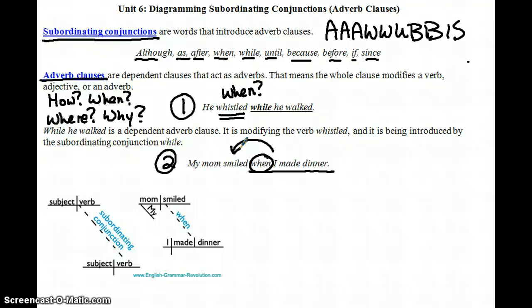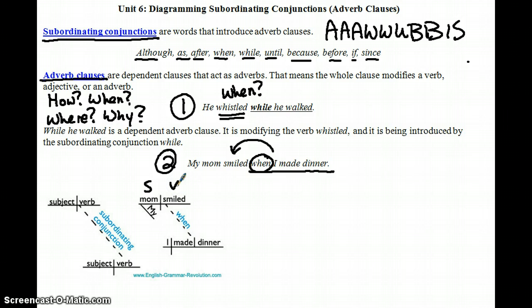So we always diagram the independent clause first, the one that doesn't start with the AWUBIS word. And that makes sense because remember that clause, the one we just underlined, when I made dinner, is acting like an adverb. So it's going to go under the verb in the independent clause. So we diagram the first one, my mom smiled, like this: subject, verb, mom smiled.